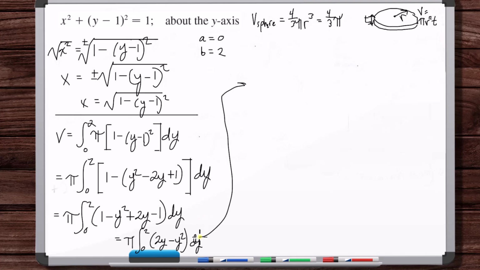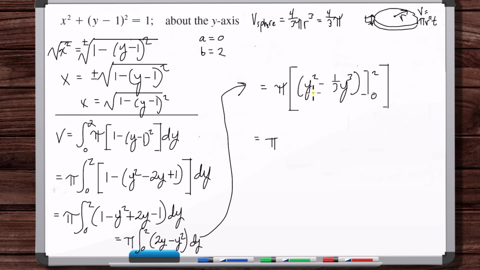Okay. So we've got, this is y squared, we integrate it, minus 1/3 y cubed, evaluated from 0 to 2.